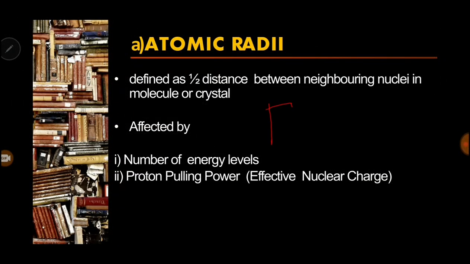When we see the periodic table, across the period it will decrease the atomic size, because of what? The same level of energy, but the increasing effective nuclear charge will shrink the atom.